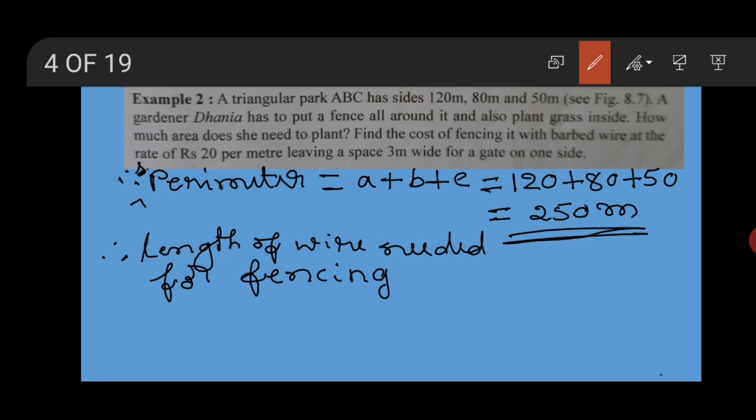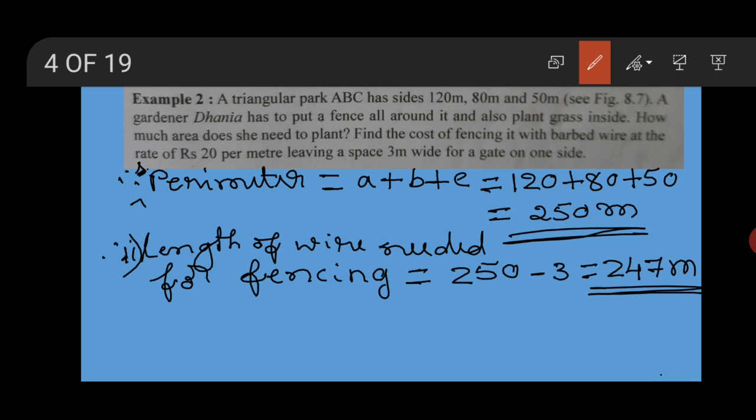Fencing around it is equal to what? 250 minus what? Width of the gate. Gate width is what? 3 meter. Subtract 3 from 250, then you will get the length of the fencing wire. It is equal to what? 247 meter. Yes, this is the answer for question number 2.